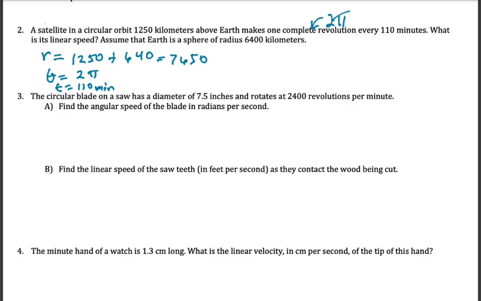We are looking for linear speed. You can use either formula, obviously, but you would have to calculate the angular velocity to make the other one work. So my theta is 2 pi, my radius is 7,650, and my time is going to be 110 minutes.